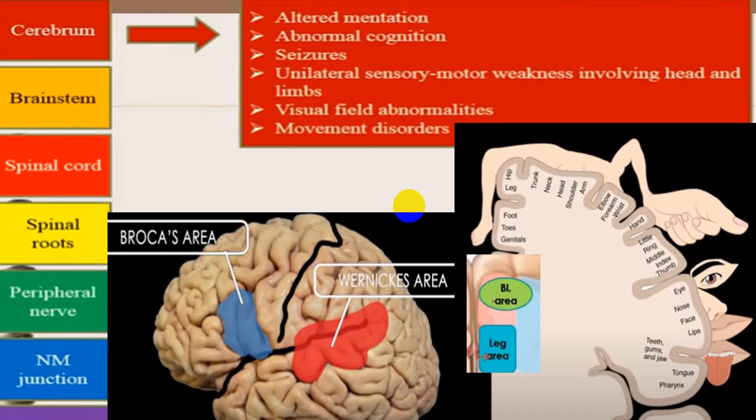Visual field will be involved if you get involvement of the vertebrobasilar artery or posterior cerebral artery, that is involvement of the occipital lobe. And if there is deep structure involvement, particularly basal ganglia, you can have involuntary movements, we call them movement disorders. That will be the pattern in which the person can present.